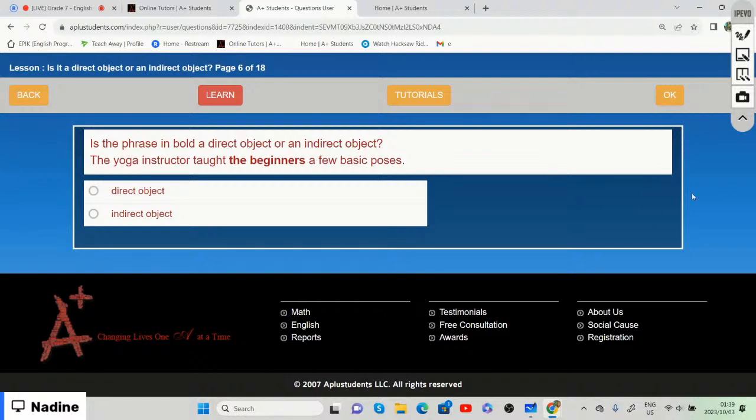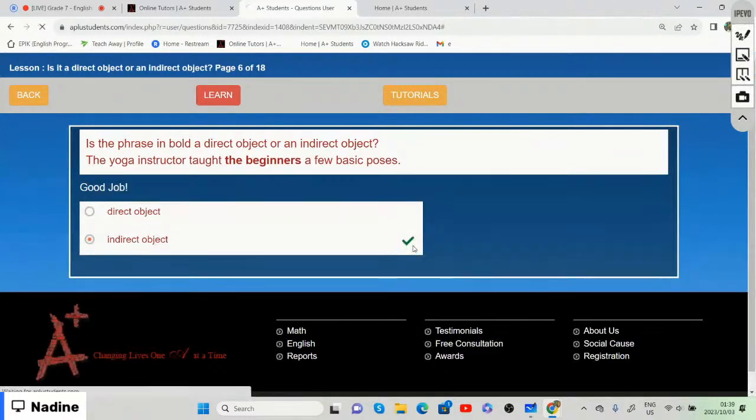If we select the correct one, we will say indirect object. Remember we said that the indirect object is between the verb, which is taught, and the direct object, which is a few basic poses. So this is an indirect object.